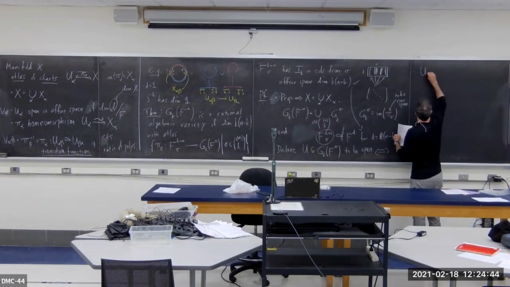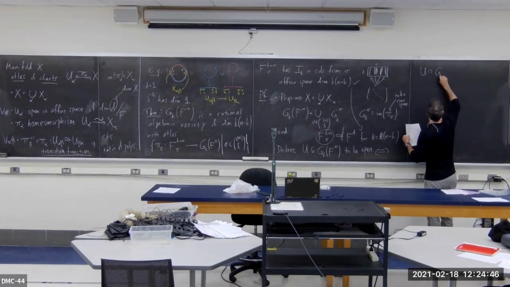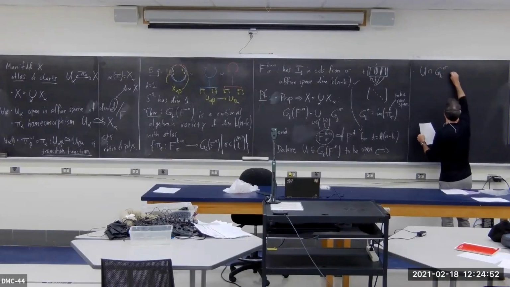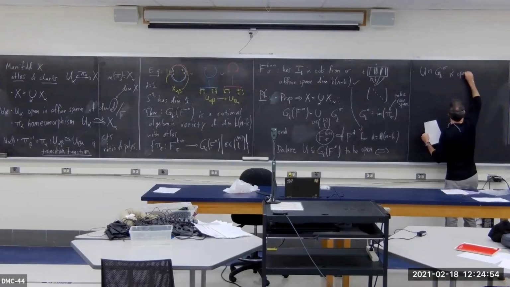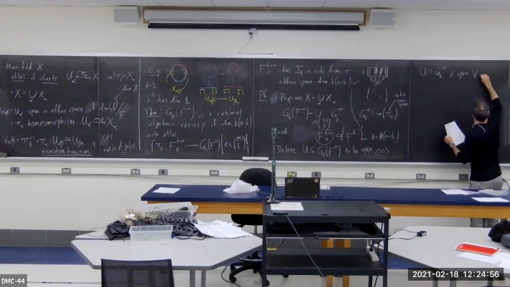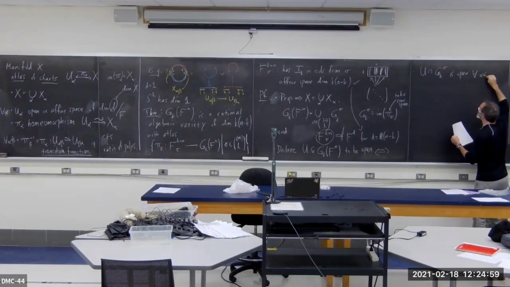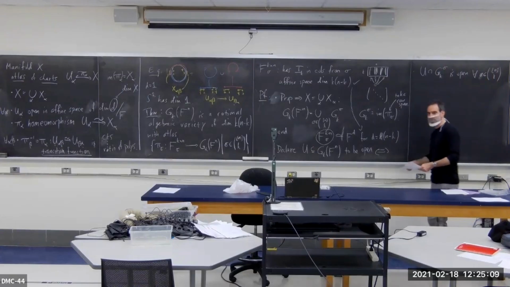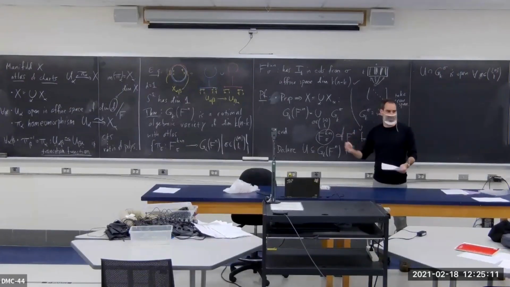U intersect G_{k,sigma}, these are the images of the charts, is open for all sigma in n choose k. So what I'm saying is that you declare a set to be open if and only if its intersection with each of these things that are supposed to be open is open.